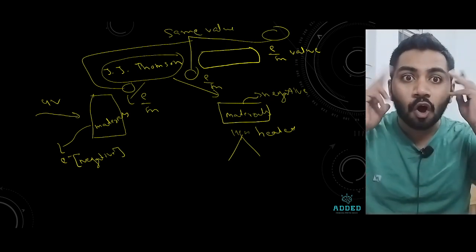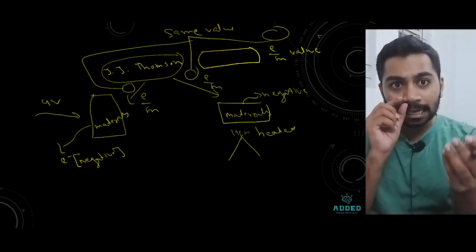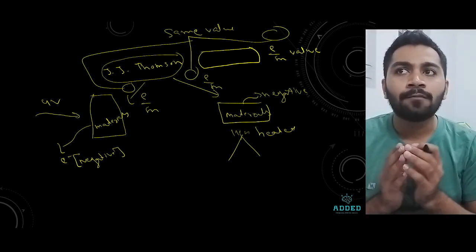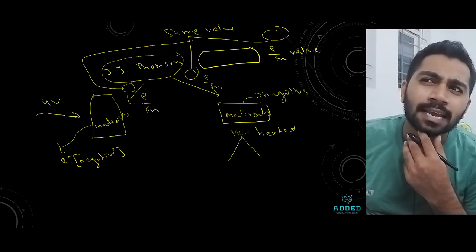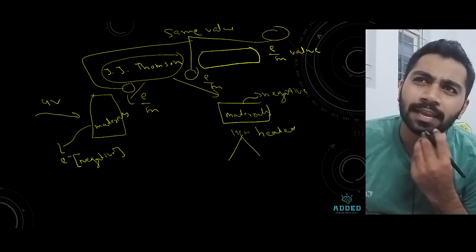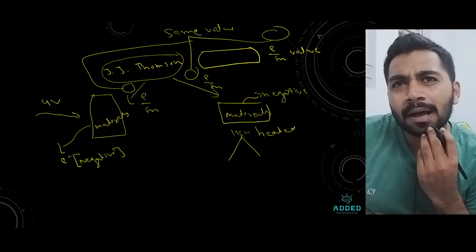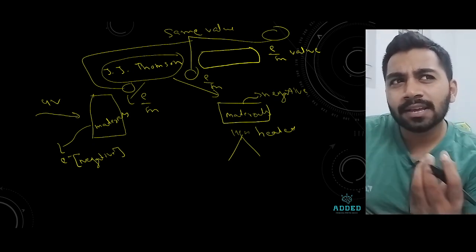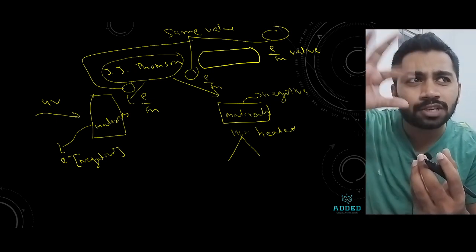Wow, shocking. In a discharge tube I find an e/m value, but that e/m value is similar to this negative value. So can I say that the discharge tube value is because of negative charge? Yes. When I pass heat to some material, it ejects some negative charge.